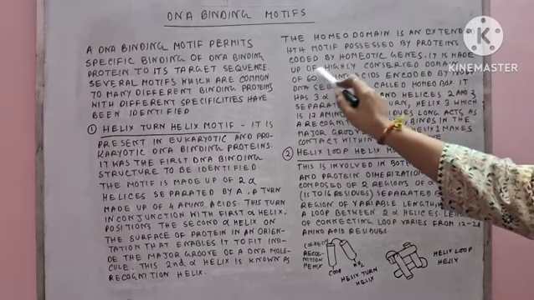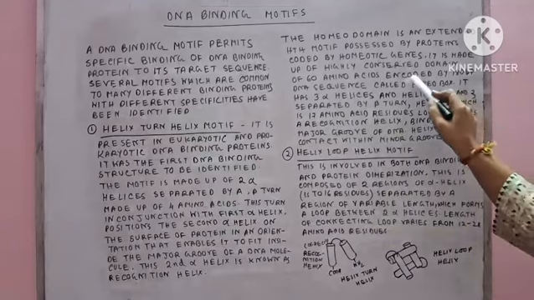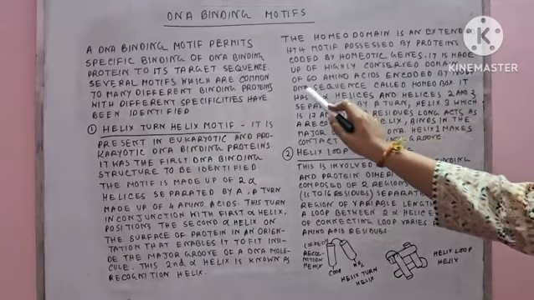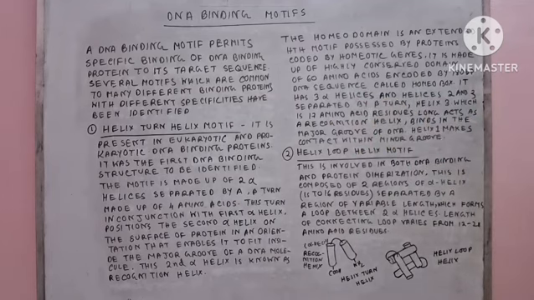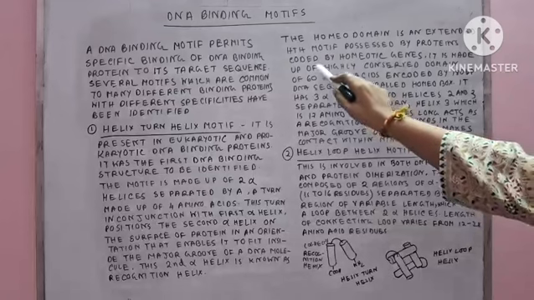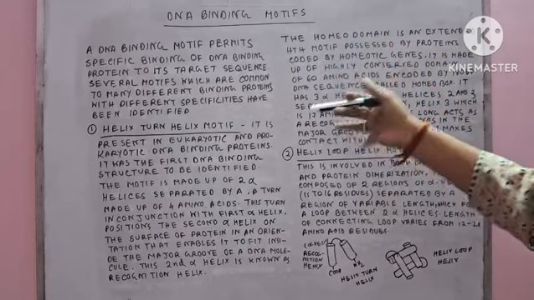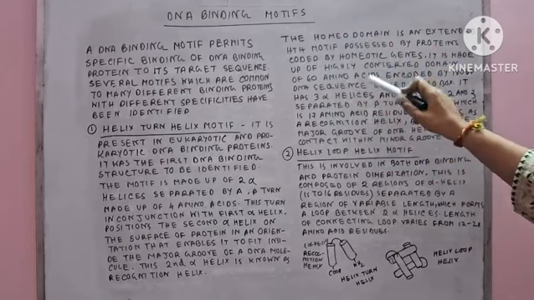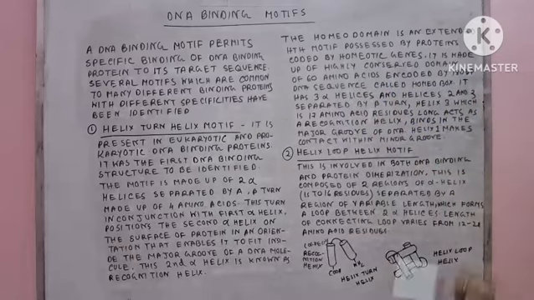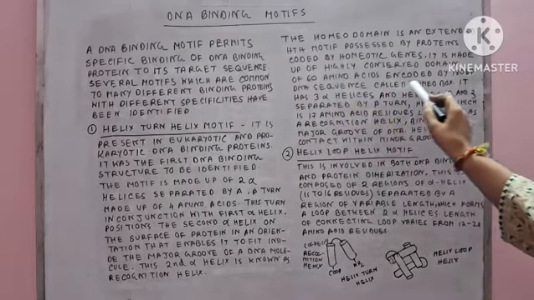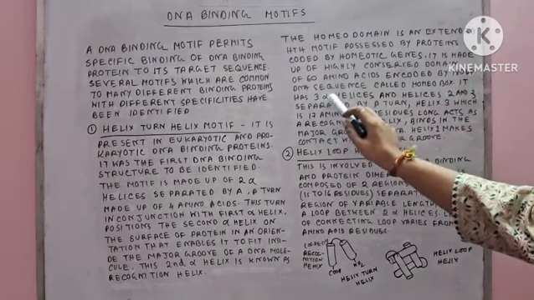It is made up of generally 60 amino acids and encoded by a 180 bp DNA sequence called the homeobox. So that means 60 amino acids are present in this homeodomain. This is one kind of example. And this is encoded by one DNA sequence of 180 bp, known as the homeobox. Okay, and it has 3 alpha helices.